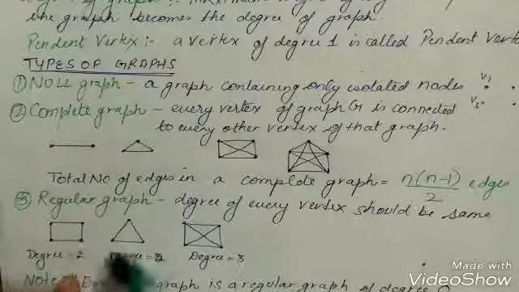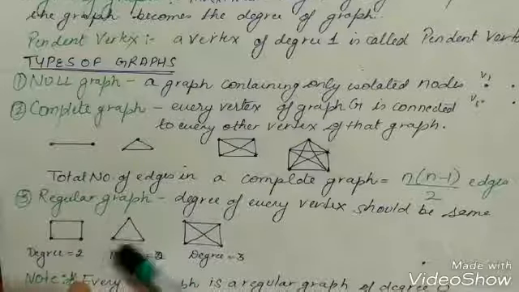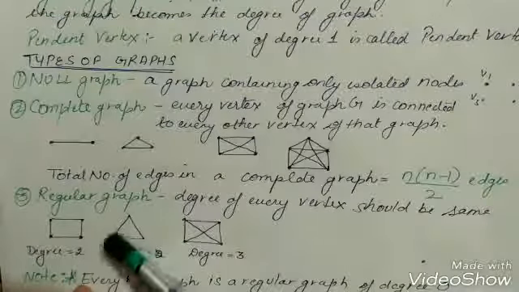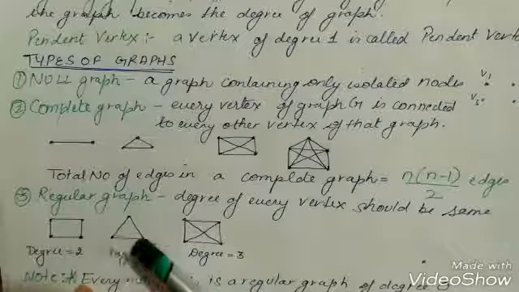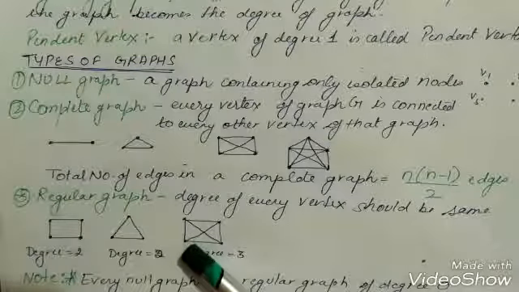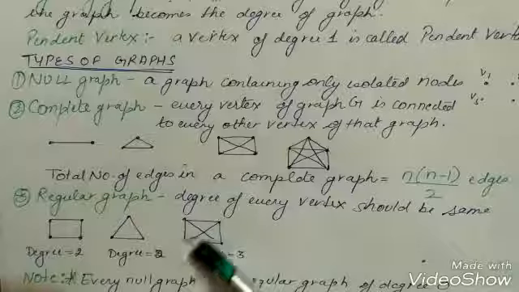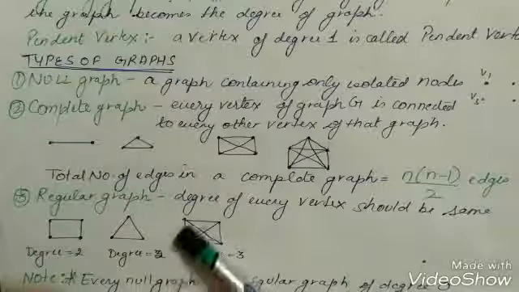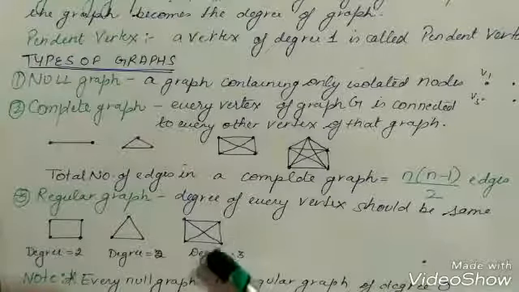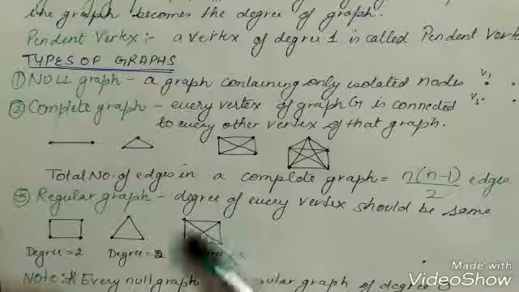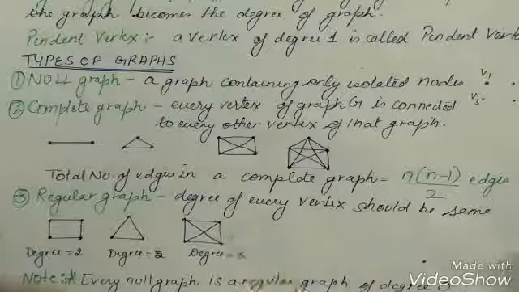And even here each node is connected to 2 edges, therefore the degree of each vertex is 2. Here each node is connected with 3 edges, therefore the degree is 3 for this regular graph. So these 3 are examples of a regular graph.